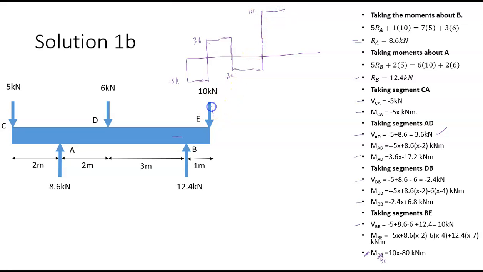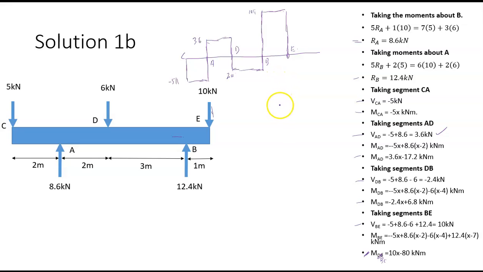And then it hits the 10 kilonewtons and it comes all the way back down. So that's point C, that's point A, that's point D, that's point B, and that's point E. So that would be the shear force diagram.